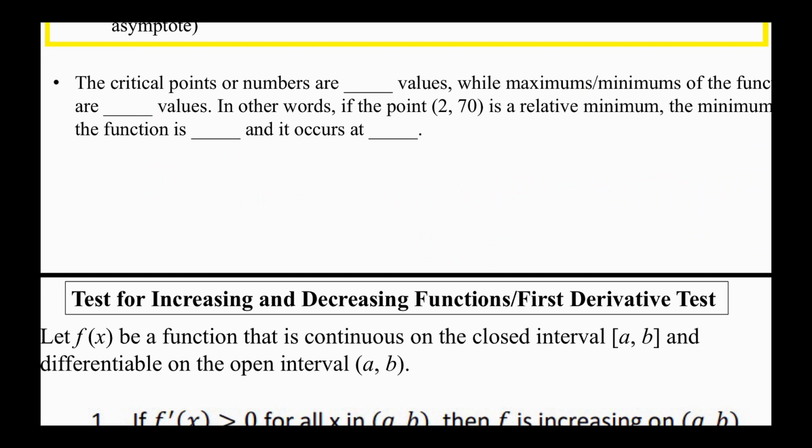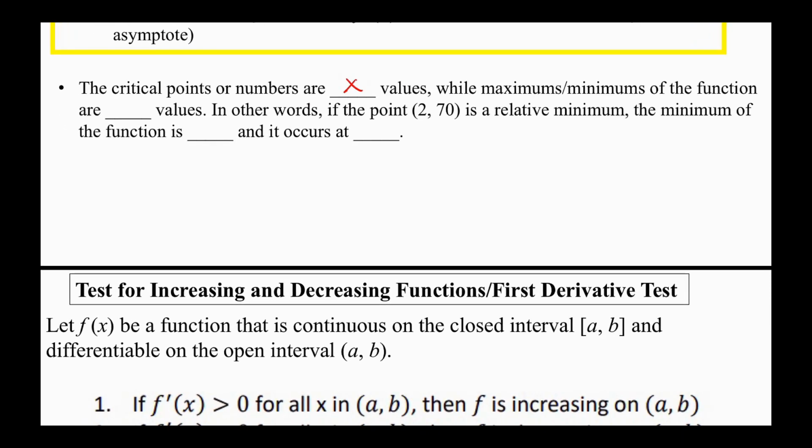Okay, so the critical points are x values. When we find a critical point or a critical value, it's an x value, not a y value, while maximums and minimums are y values. So if they want us to actually find the maximum or minimum, we have to find the y values. That's what we're going to do today.